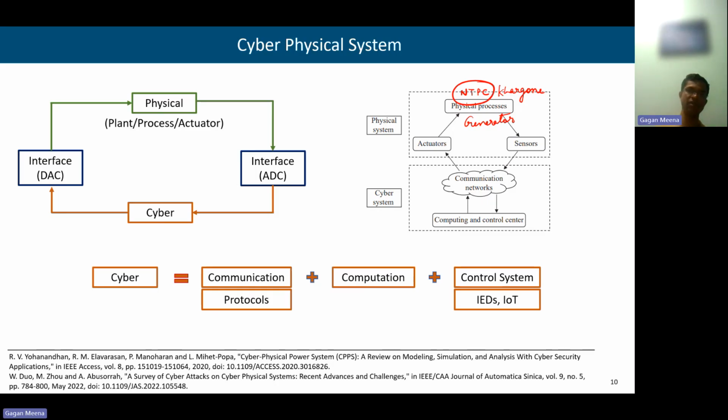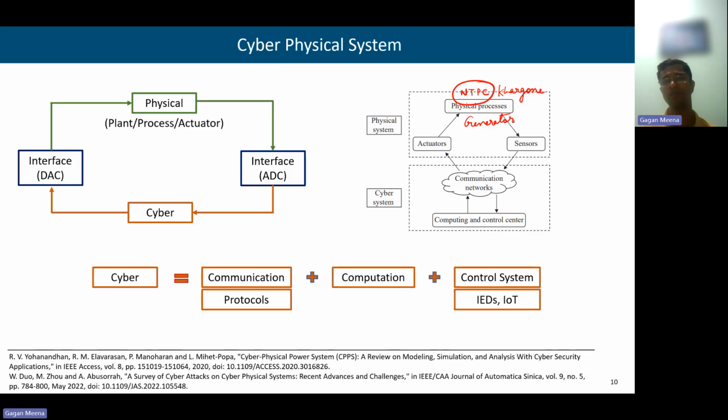It will be transferred via communication channel to the control center, where the computation and analysis would be done on the output received from the sensor, and depending upon the requirement, it can take some control actions as well. If the behavior of the system is going away from the desired or the normal behavior, then it can be used.